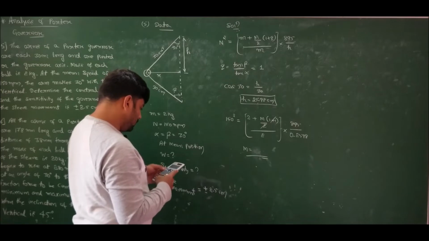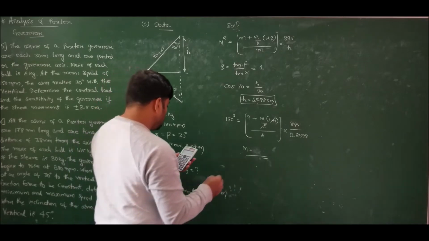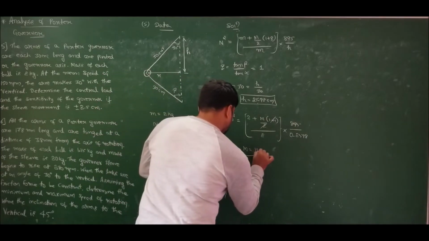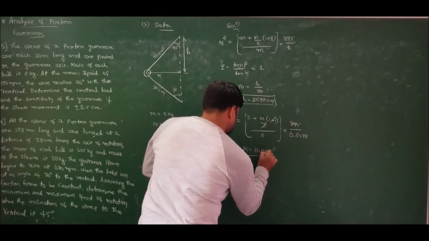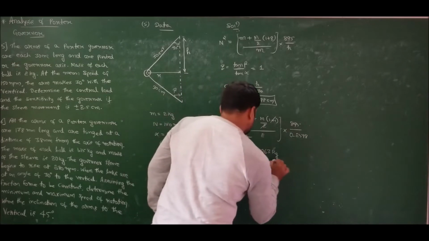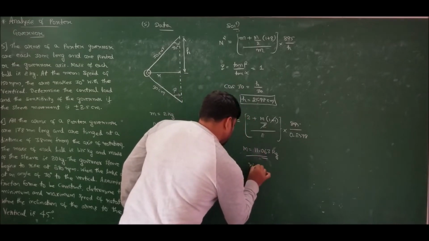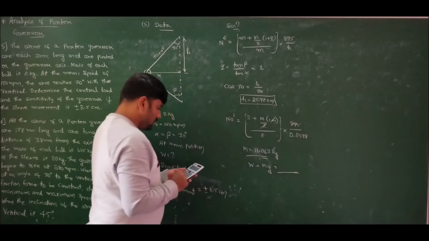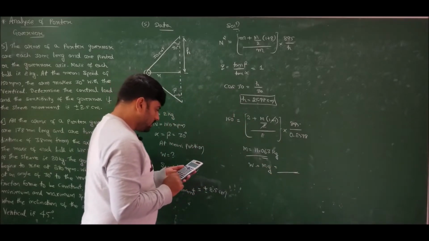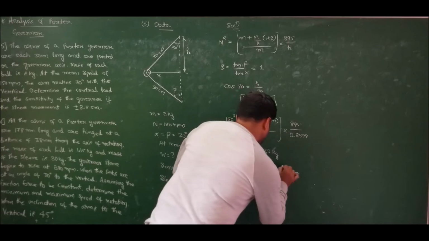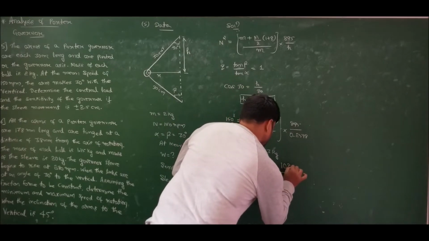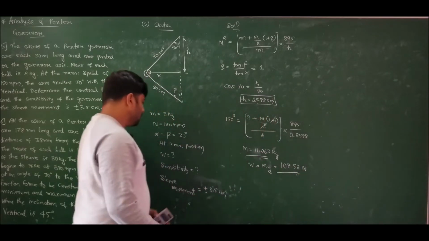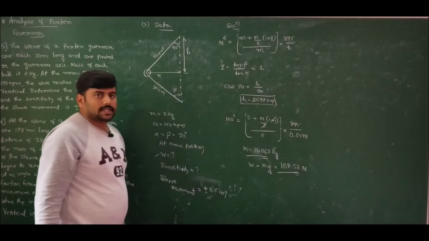If I solve, I will get the value of mass as 11.063 kgs. Hence sleeve weight or dead weight is equal to capital M into acceleration due to gravity. This answer into 9.81, which is nothing but 108.52 newtons. 108.52 newtons is the central load. So we have calculated what is the central load.